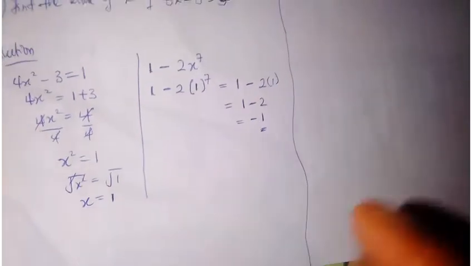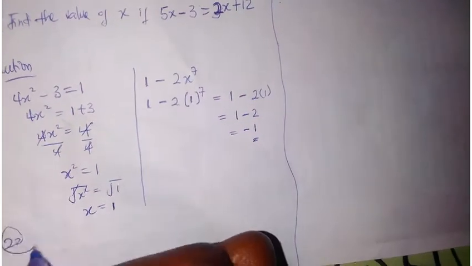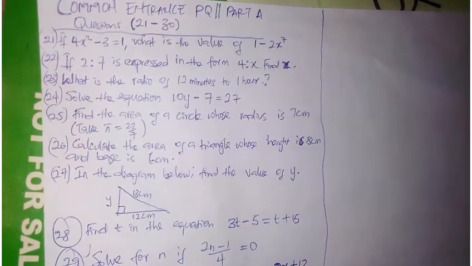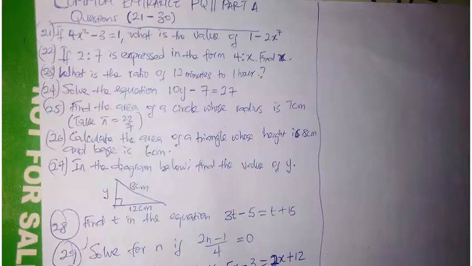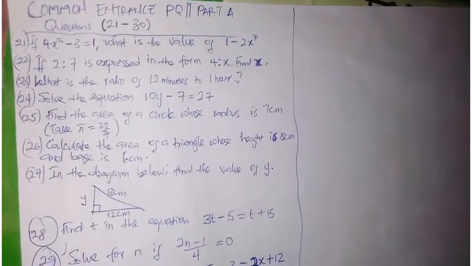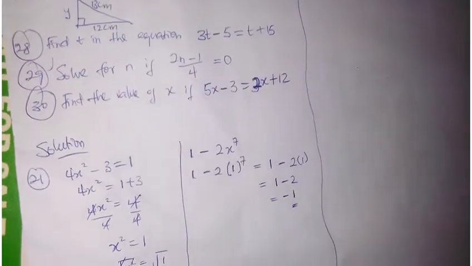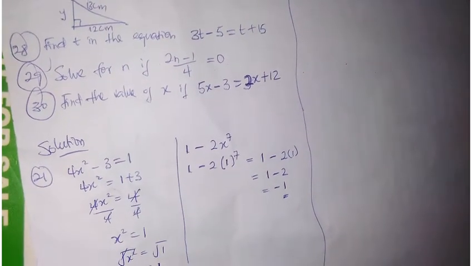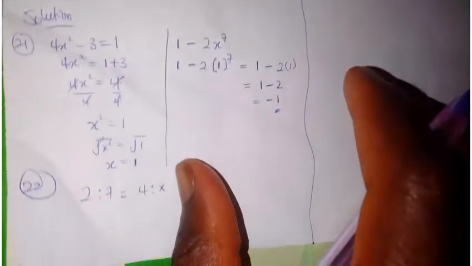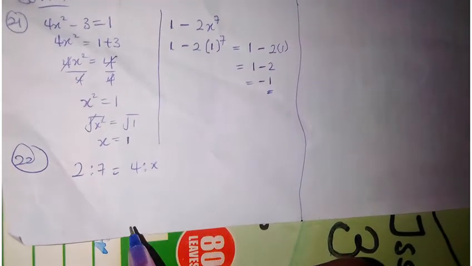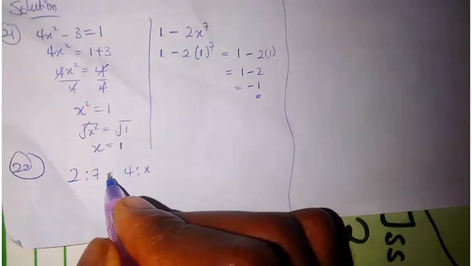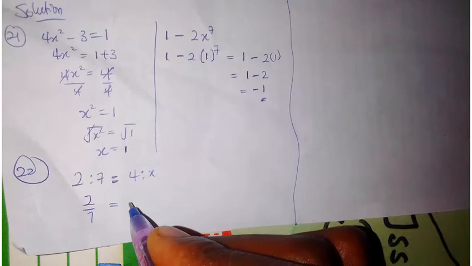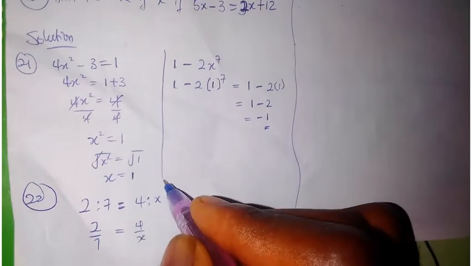Okay, number 22 question says, if 2:7 is expressed in the form 4:x, find x. If 2:7 is expressed in the form 4:x, it means 2:7 is equal to 4:x. In ratio, I can write this as 2/7 equals 4/x.